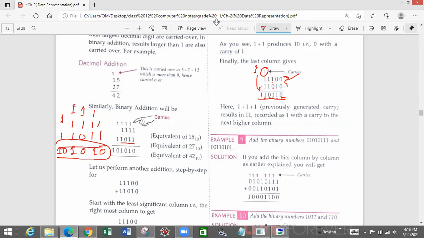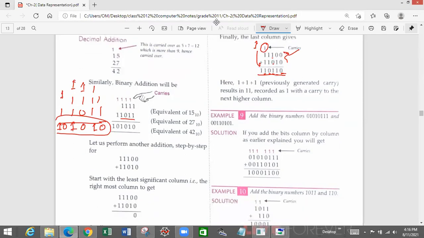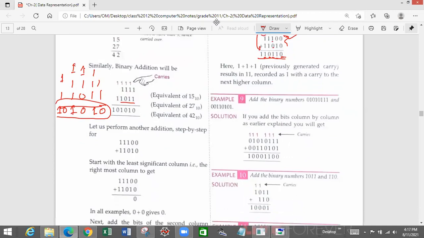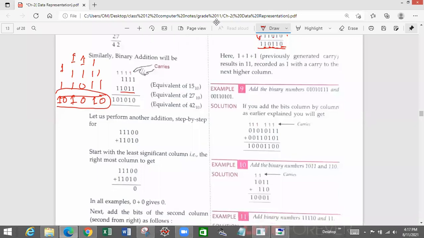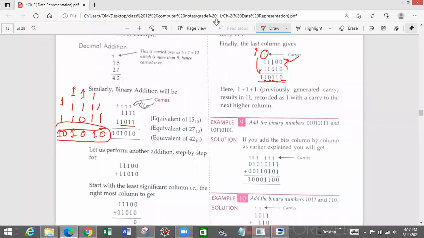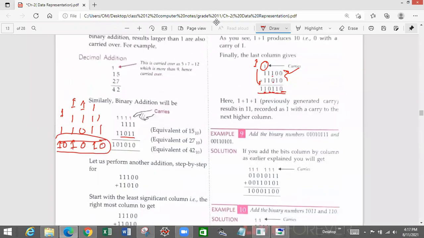Now we can use some other method also. Suppose I do not remember these rules. I am not aware about these rules, and I have to add two binary numbers. So another method is that you change the binary numbers into equivalent decimal numbers. Suppose this question we are having 1111 and 11011.